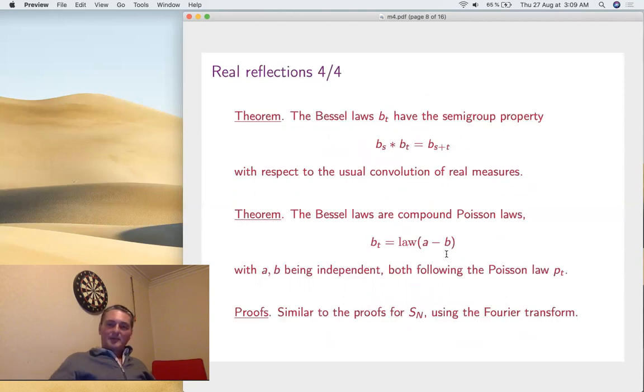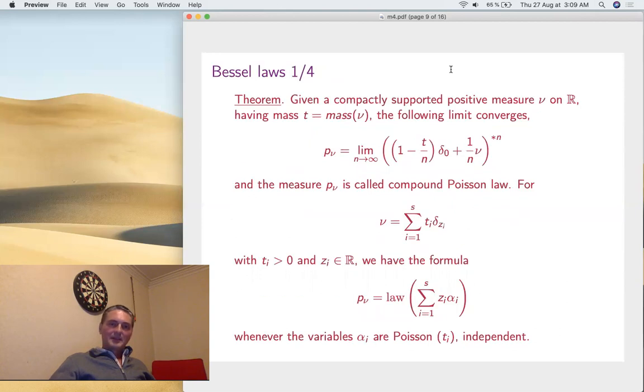As I told you before, these are compound Poisson laws. The general theorem, the compound Poisson limit theorem, says that you take a compactly supported measure on R having mass t. Why t? t is our truncation parameter; it is better to view it this way, as the mass of the measure. And then you do this thing. It's exactly as the Poisson limit theorem, but instead of a Dirac at 1 times t, you put an arbitrary measure of mass t.